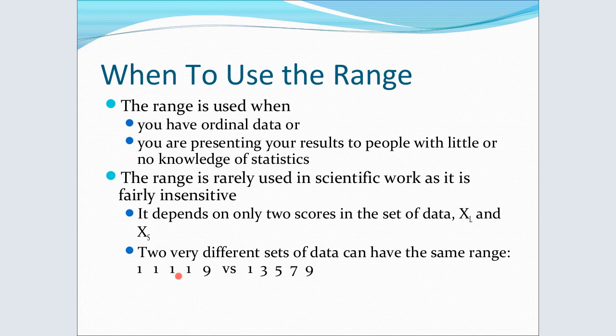We have 1, 1, 1, 1, and 9, and then we have 1, 3, 5, 7, and 9. And we said the range is the largest value subtract the smallest. So in this case, we have 9 as the largest and the smallest as 1. And in the other data set 1, 3, 5, 7, and 9, we have the largest value as 9 and the smallest as 1. So when you get the difference, it's going to be 8 for both cases. So that may bring about the limitations of range.